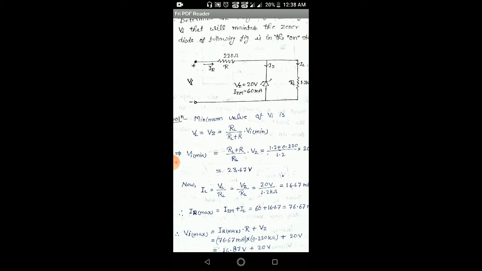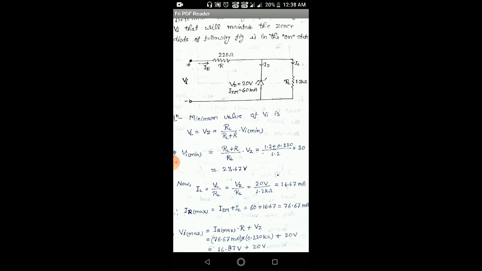Now IL equals VL upon RL and VL equals Vz, so IL equals Vz upon RL. Put the values of Vz and RL, and we have IL equal to 16.67 milliampere. So IR maximum is IZM plus IL.